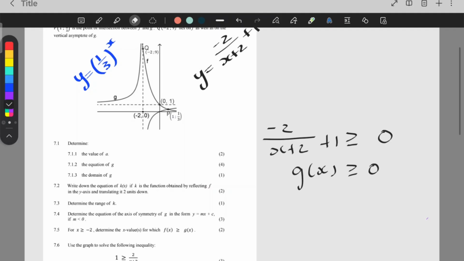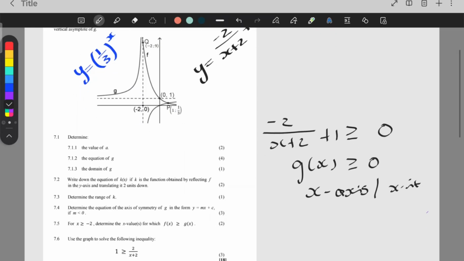This means, where is the hyperbola above the x-axis? When you have a 0 with these inequality questions, we look at the x-axis and the x-intercepts of the graph. We have to include the asymptote. Here's our vertical asymptote, because it breaks the graph up, and the x-intercept.